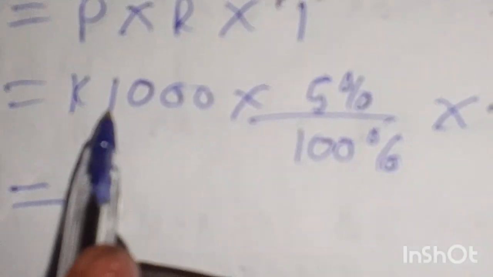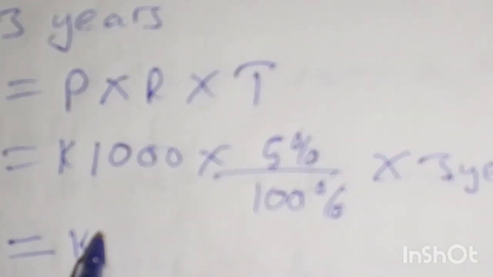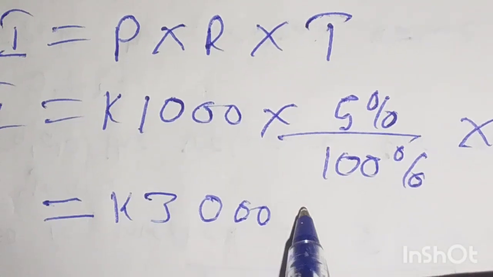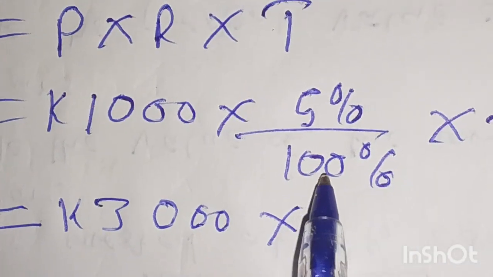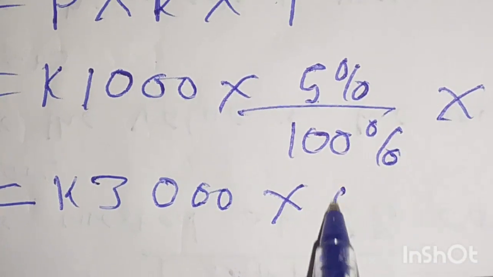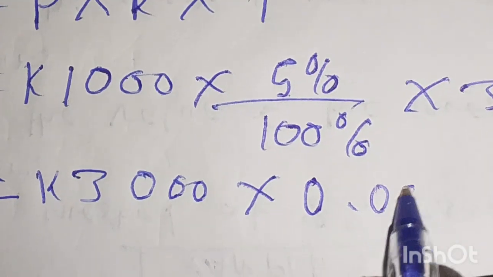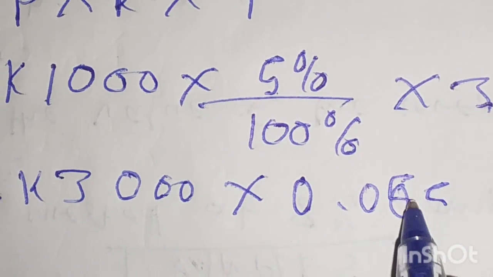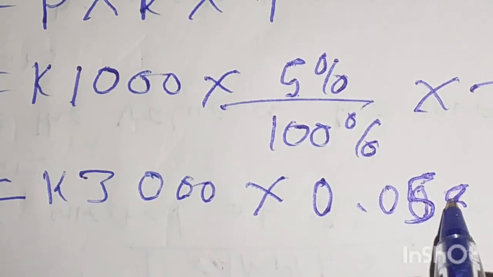So this will be K, 3 times 1000. So we are going to have 3000 times 5 divided by 100, which is 0.05.